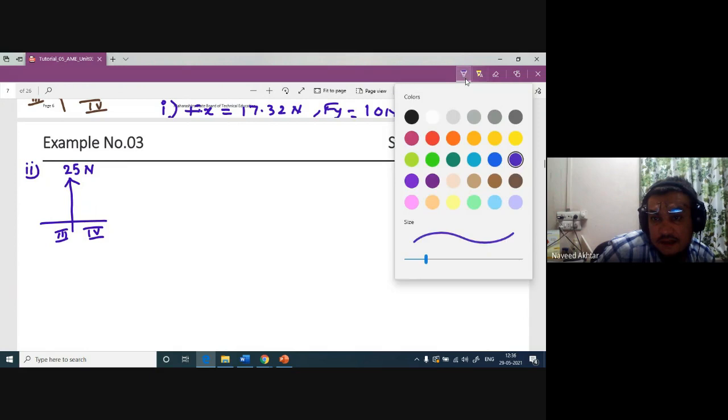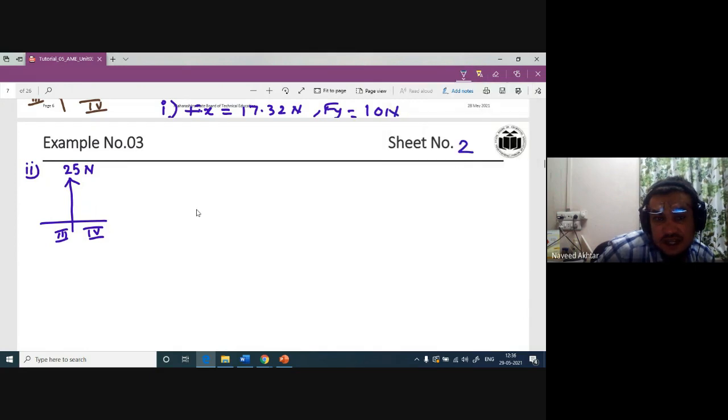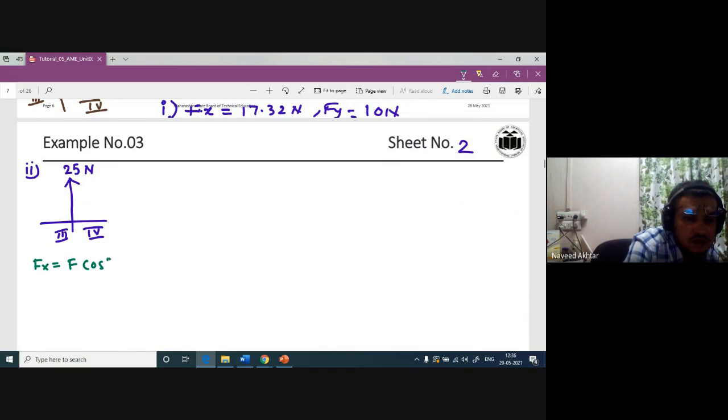You can say the value of Fx will be F cos of theta. The value of cos 90 is 0.